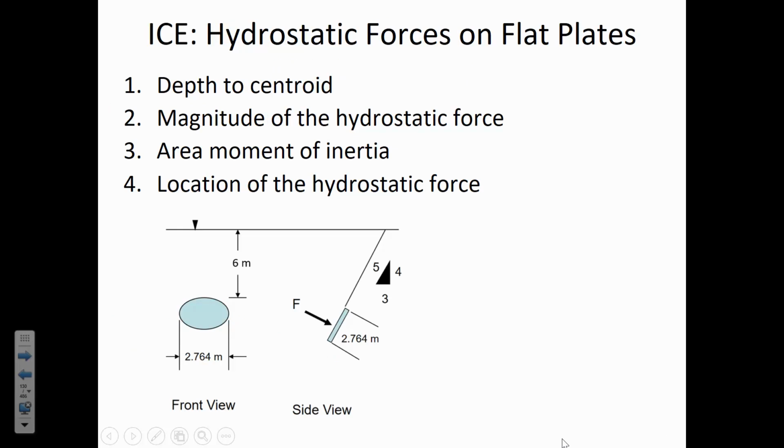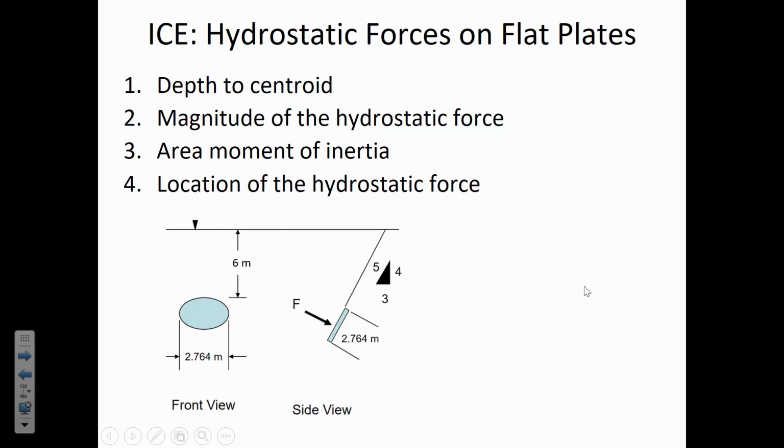Just as a reminder, the typical process when you are finding the magnitude of the hydrostatic force is, first of all, to look at the shape and try and identify where's the centroid for that particular shape. The reason we need to find the location of the centroid is that the magnitude of the hydrostatic force depends on that.